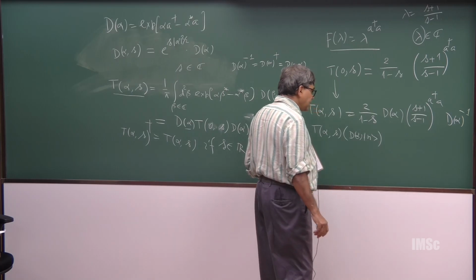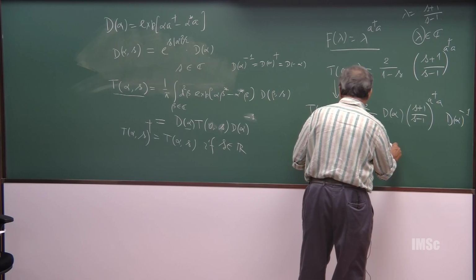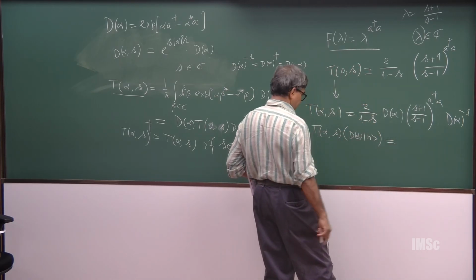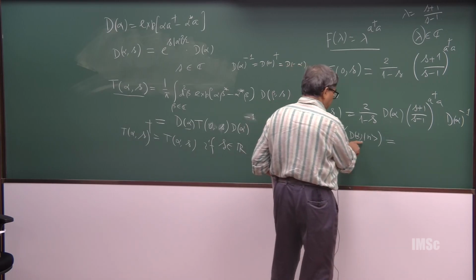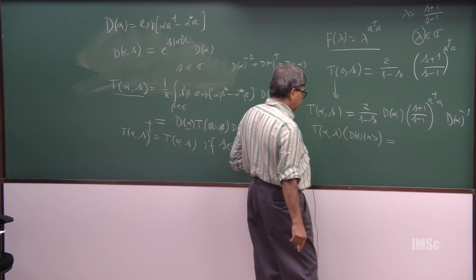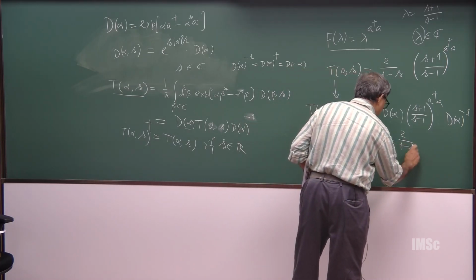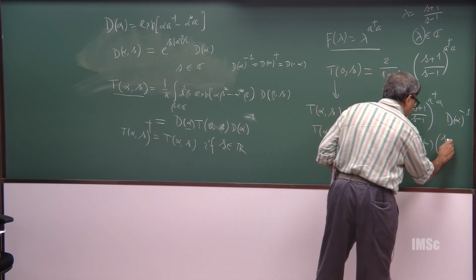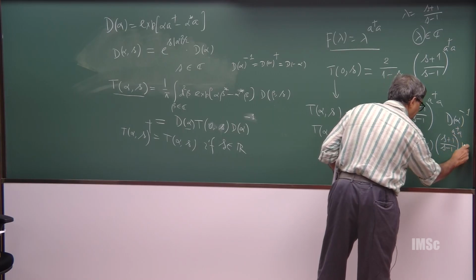So, I am applying this. What will that be? This is basically 2 by 1 minus s D of alpha, and then s plus 1 by s minus 1 to the power A dagger A acting on n.